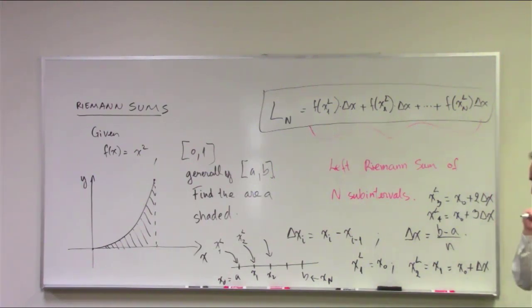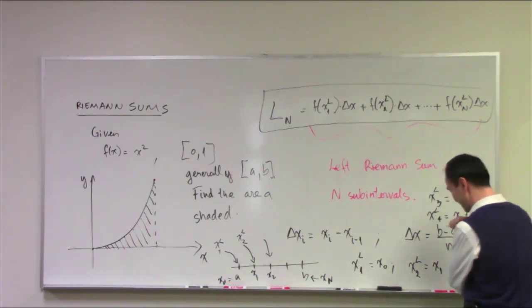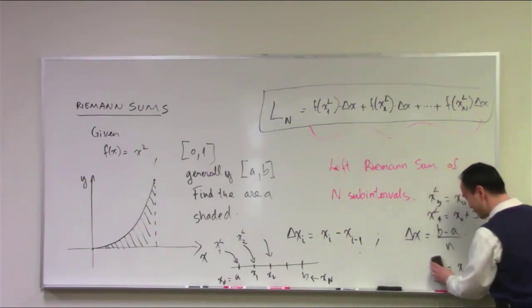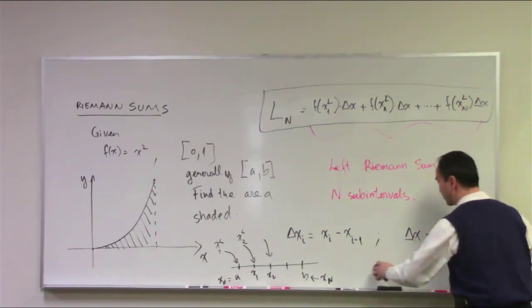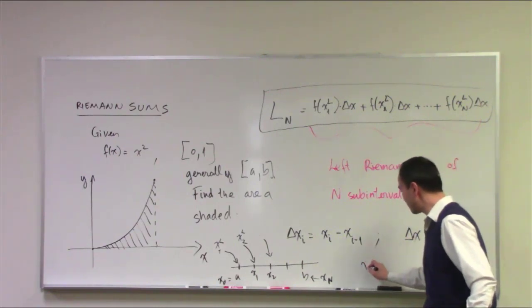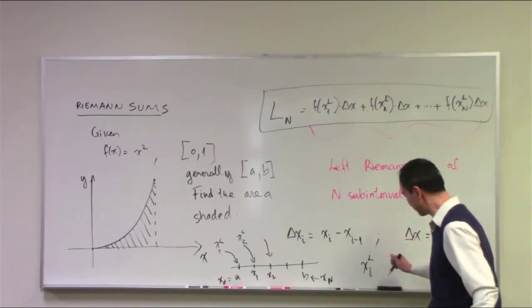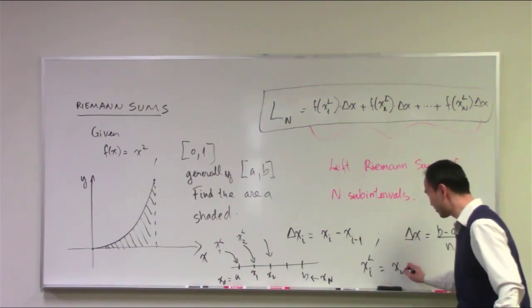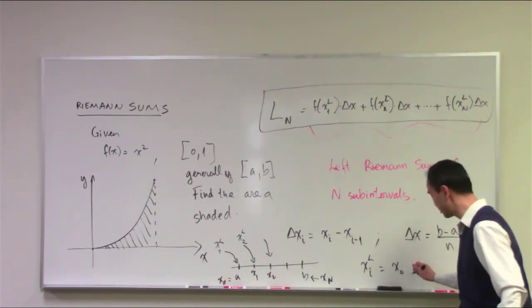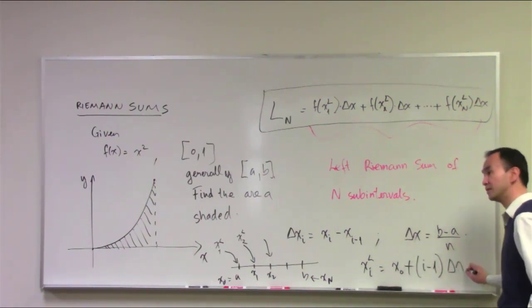My board is getting admittedly a little busy, so let me clear out all the detailed development work right here. But in the end, we generalize the following result. At any left-hand point at any generic interval, at any i interval generally, it's always going to be x of 0, the beginning of your total window, plus i minus 1 times the space delta x.